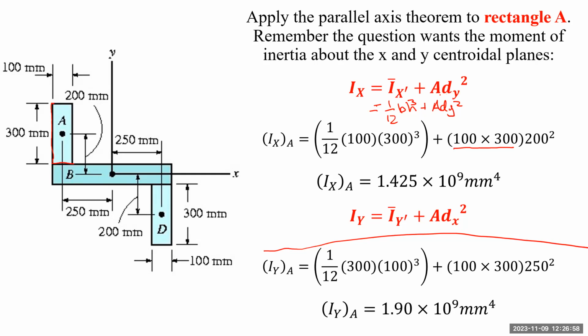What about the dy? How did we get the dy again? Right, it's now going to be a distance from where the centroidal axis is to the center of this figure. If you look carefully, this thickness here would have been 100, but the entire length from here to here would have been 300.